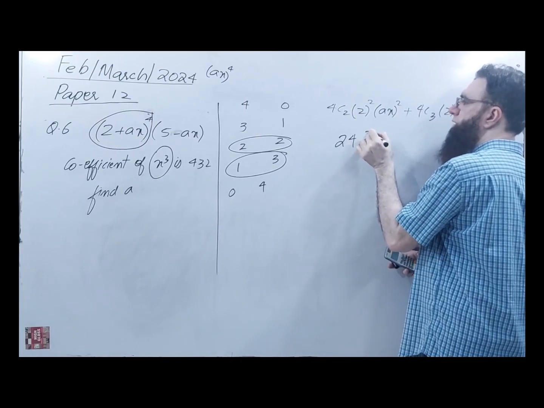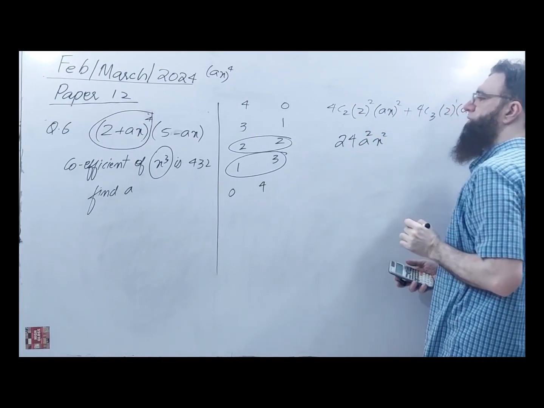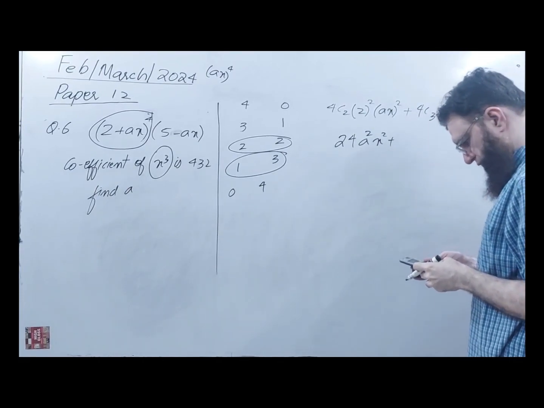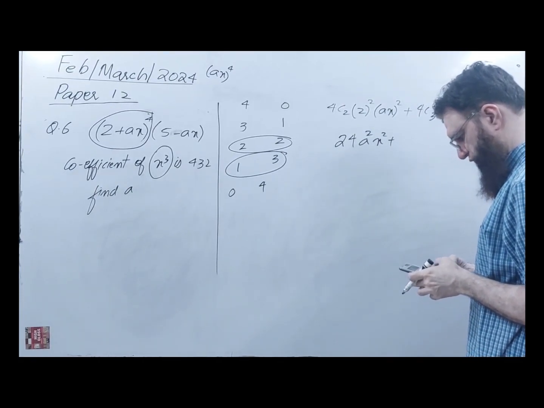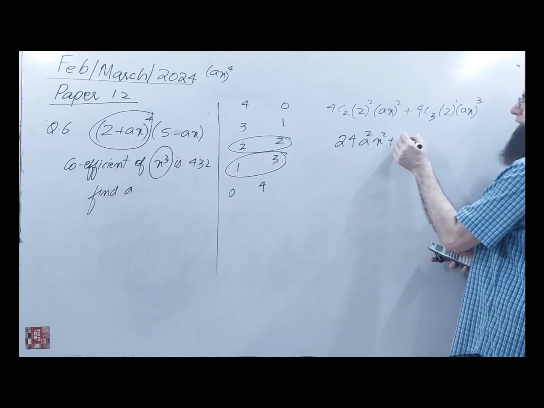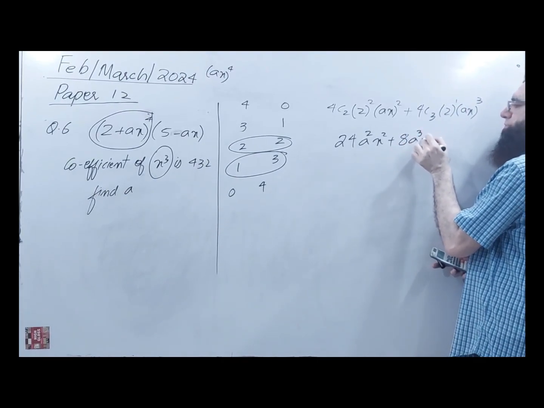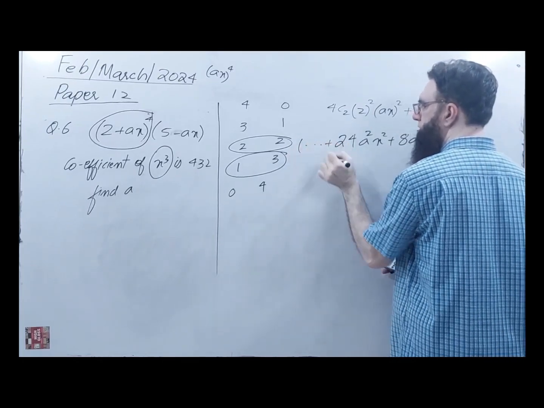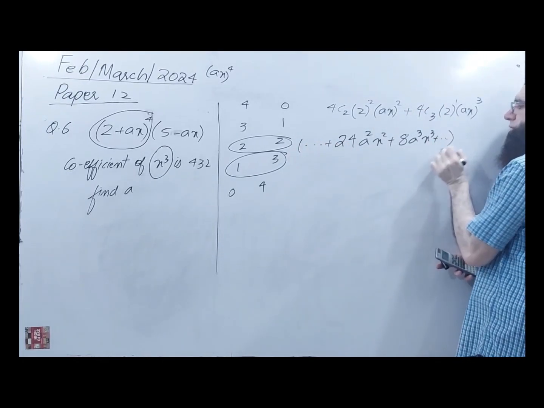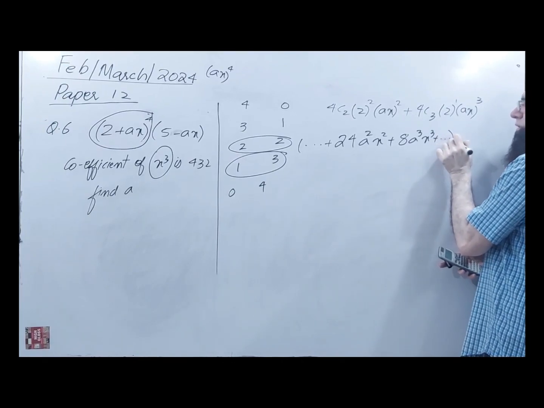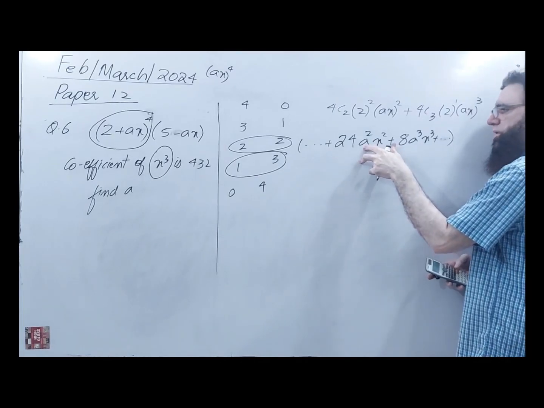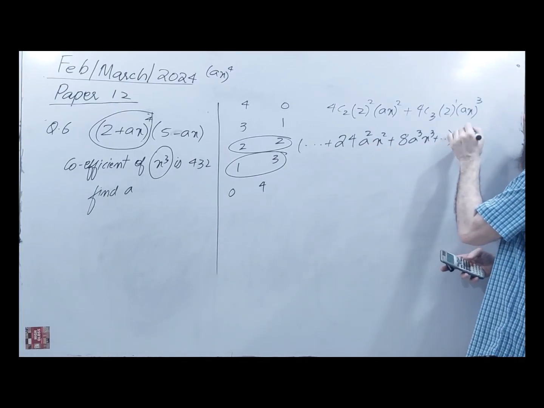This is a square x square, this is the third term. Plus 4c3 is 4, and 2 times 4 is 8, a cube x cube, dot dot dot, plus dot dot dot. The first two terms we don't need, the third and fourth we keep, and we don't need the fifth term as well.